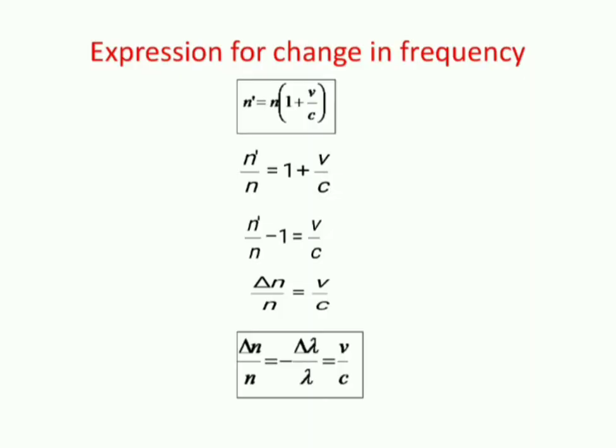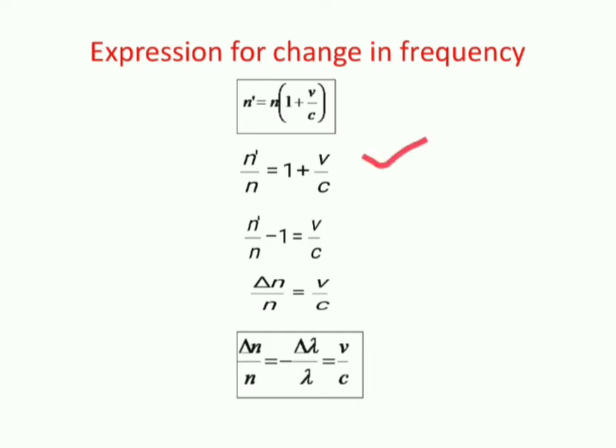Now just now we have seen the expression for frequency, when the source and observer are in relative motion, whether they are moving towards each other or away from each other. What was the relation we have got just now? N dash is n into (1 plus V by C). Now because we want to find out the change in frequency, modify the relation.